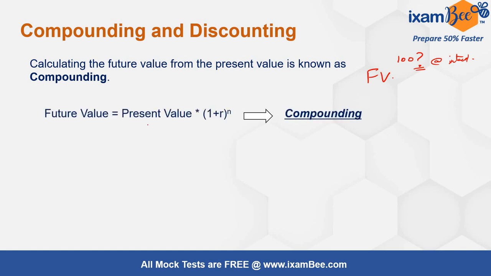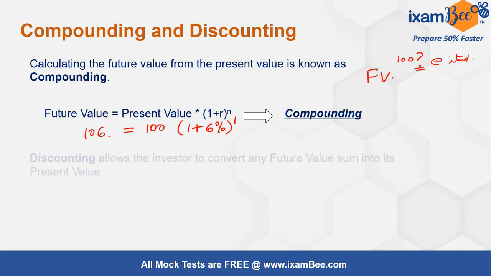What you are actually doing is you are taking your 100 rupees and multiplying by the interest rate. Say if you are earning 6% on your FD today, after 1 year what will its value be, right? So that becomes your future value, and that method of finding the future value is known as compounding.